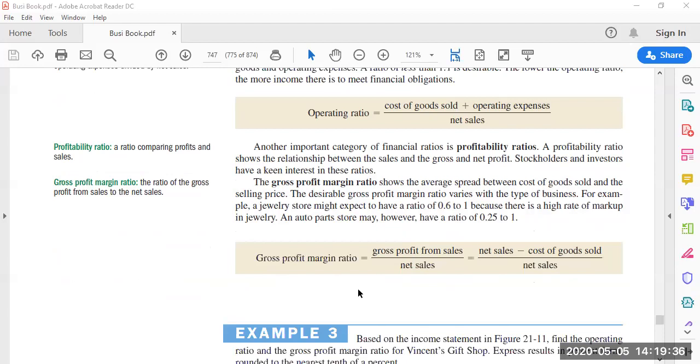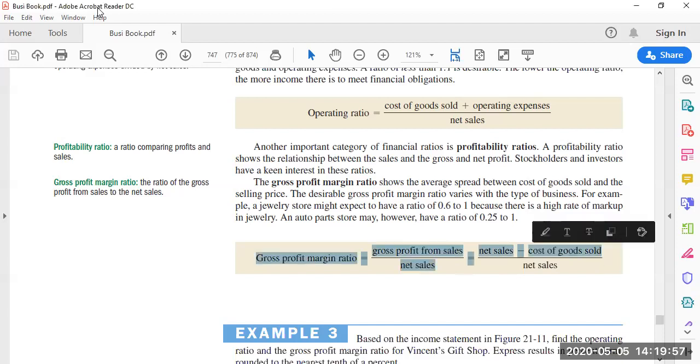Gross profit on our income statement will be net sales minus the cost of goods sold. So net sales minus the cost of goods sold divided by net sales will give us our gross profit margin ratio. You see? So that is important for us to see.